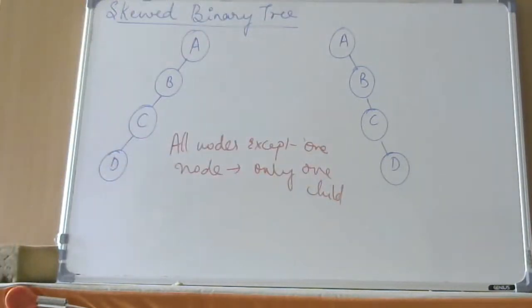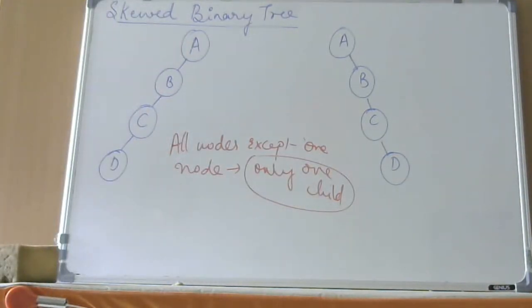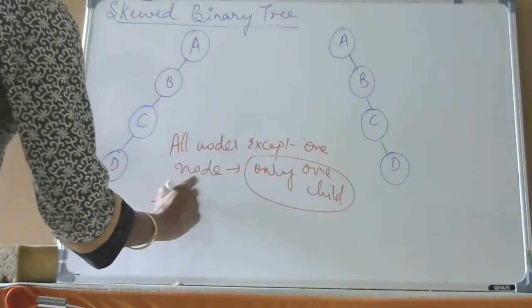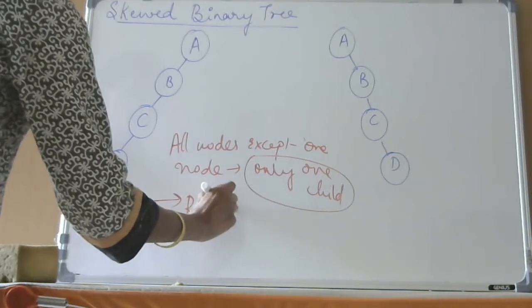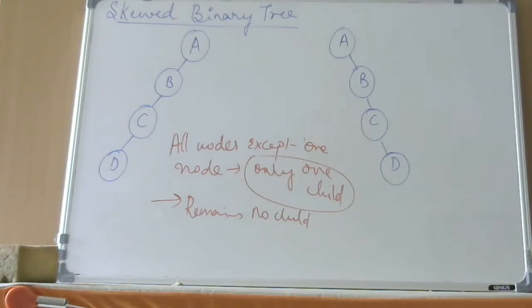Except your root node, all other nodes should have only one child. All the remaining nodes, no child. That is what you call a skewed binary tree.